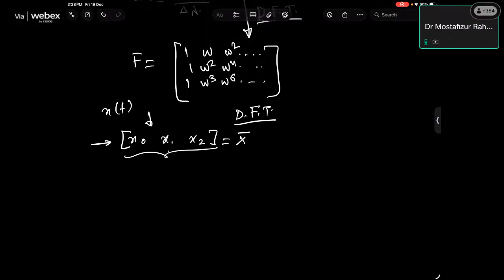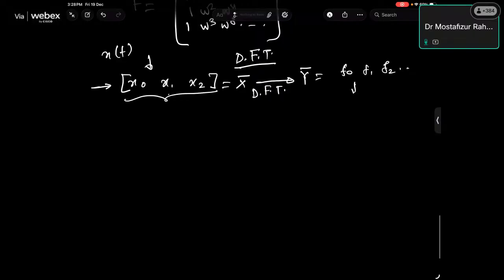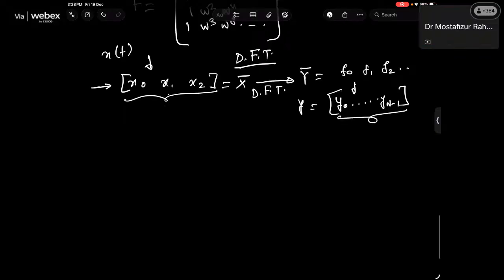And after the Fourier transform, DFT or whatever you say, I'm getting some y. I'm just changing the representation to another basis set, where my basis is f0, f1, f2 basis, and so on. So I'm getting the y vector: y0, y1, y2, up to y n minus 1, for example.